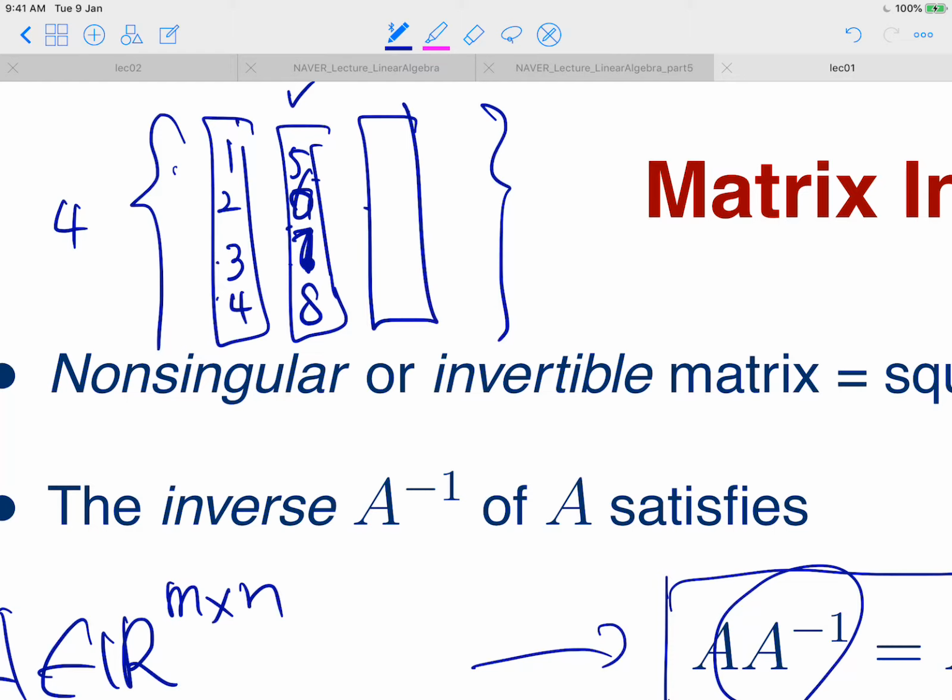But what if the third vector is inside the span of these two, right? That's when this third vector is already represented as a linear combination of the previous two. That's the meaning of this vector being inside the span of these two. In that case, adding the third vector didn't increase the span of these three vectors, right?